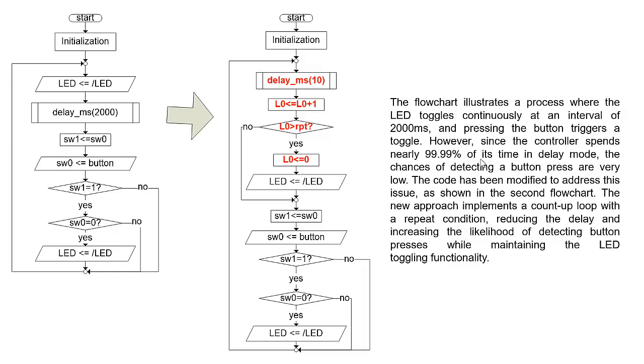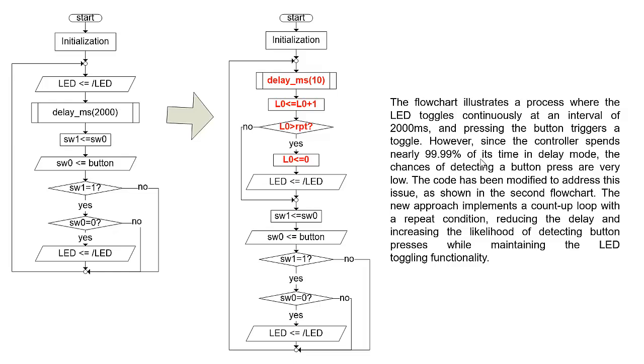If you use, say, a clock of about 40 megahertz, it spends about 40 million cycles being busy with the time delay, and then only one time will it read the button. So it is impossible for the controller to capture it.